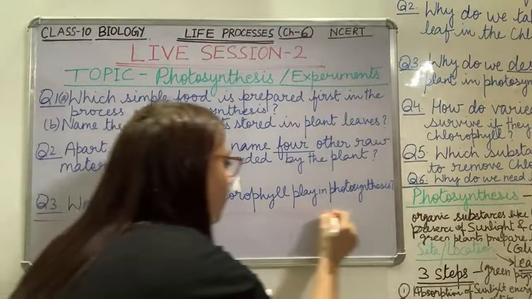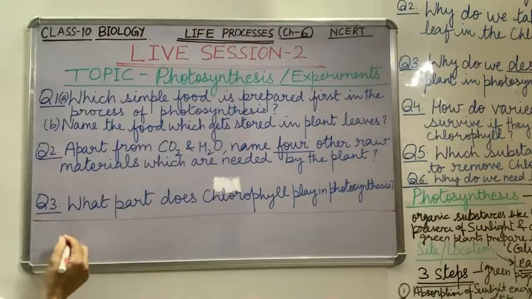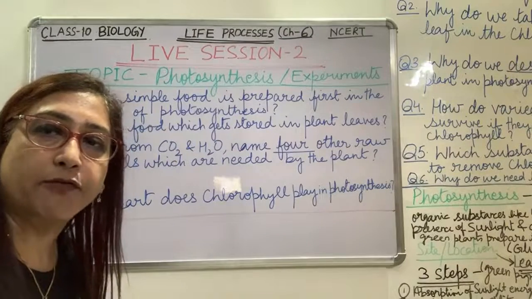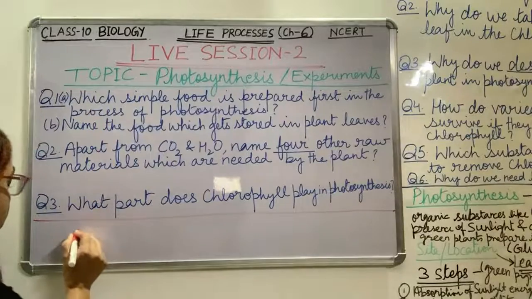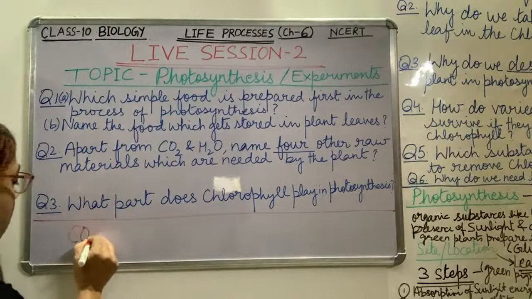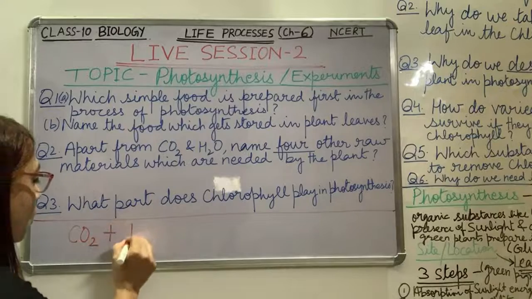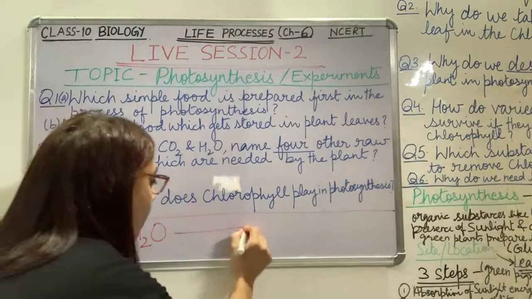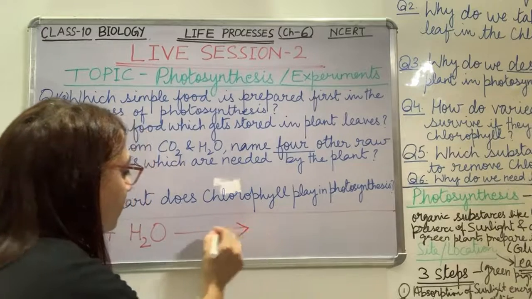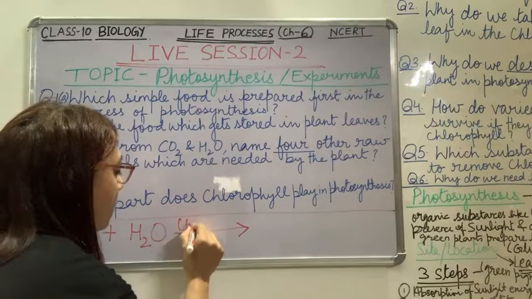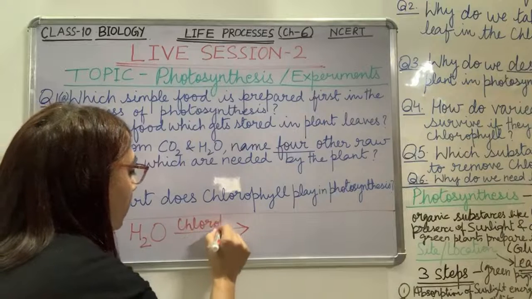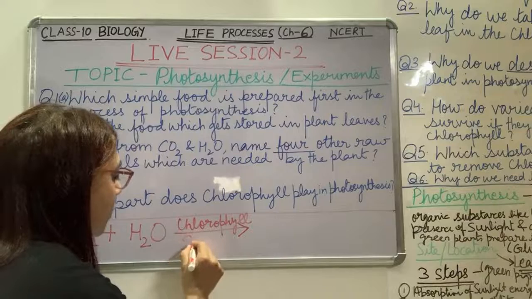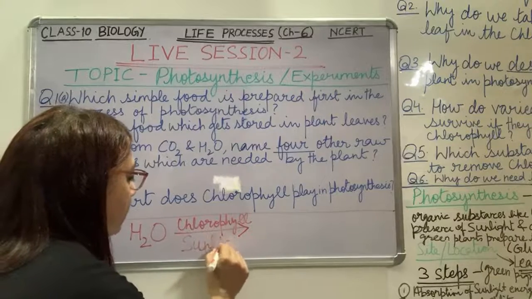The raw materials required for photosynthesis are carbon dioxide, water, and what else, children? Presence of chlorophyll and the presence of sunlight.